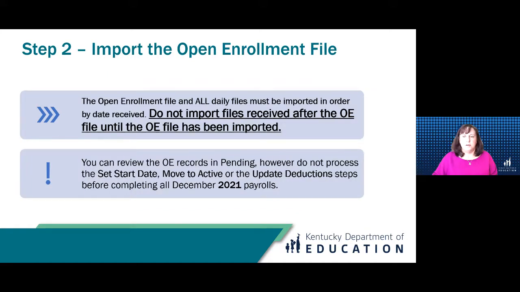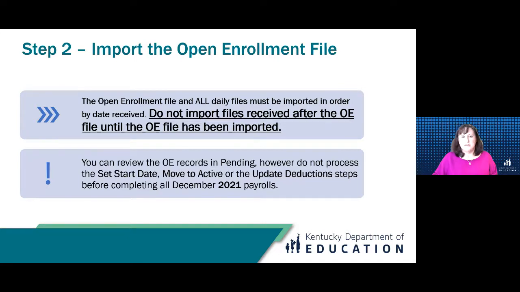One thing I did want to note is all files, daily files, should be imported in the order they're received. So do not import files received after the open enrollment file until the open enrollment file has been imported. The CRIS system sends out records in order, and MUNIS system will sequence those records.